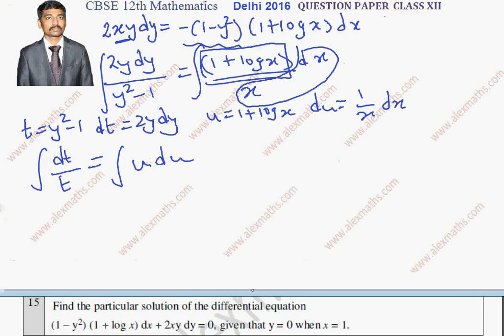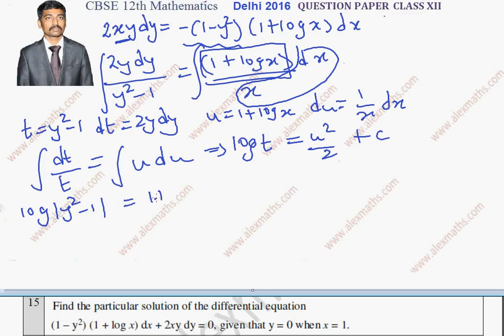So u du. On integration, this will become log t equal to u square by 2 plus c. We will replace the value of t, which is y square minus 1, equal to u, which is 1 plus log x whole square by 2 plus c.